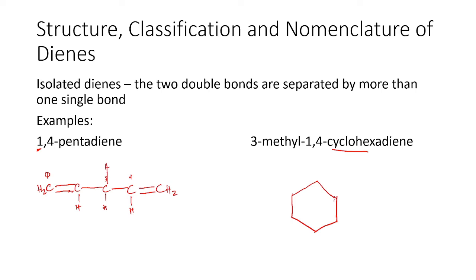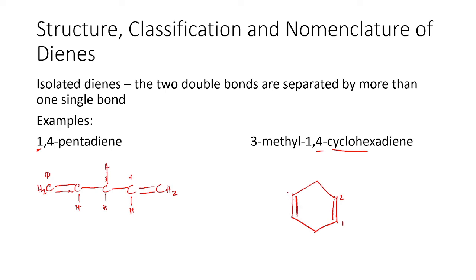So again, same scenario as our conjugated. I will be positioning the double bond on the first and second carbon atoms. Then we just need to count four. So we'll have one, two, three, four.